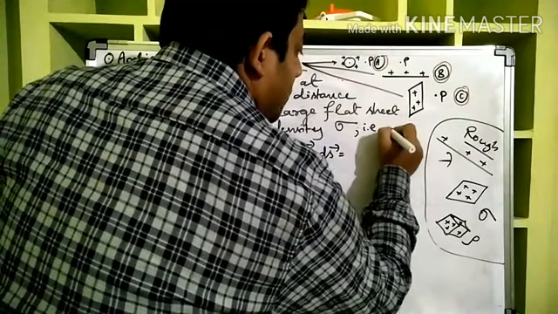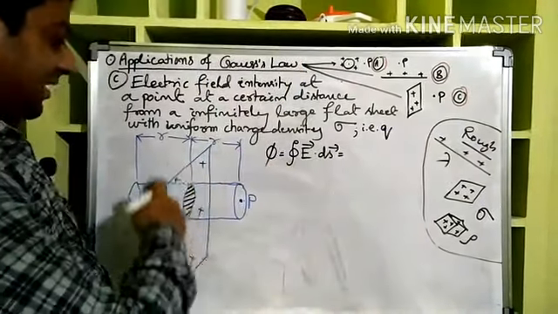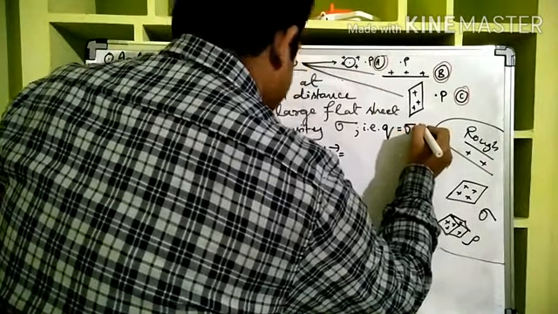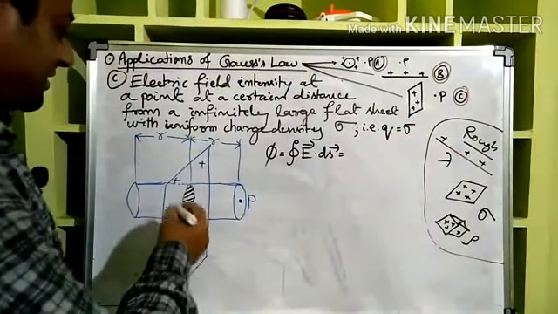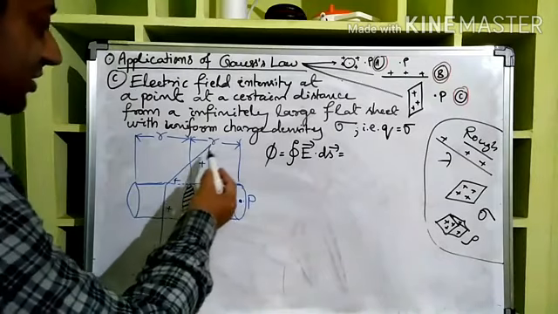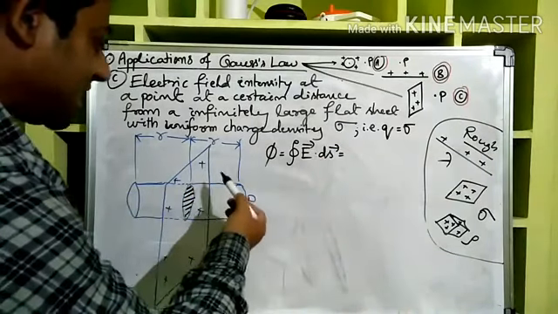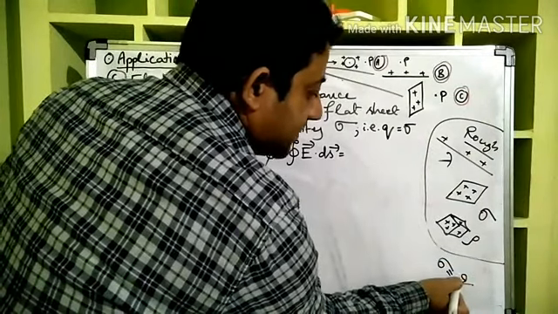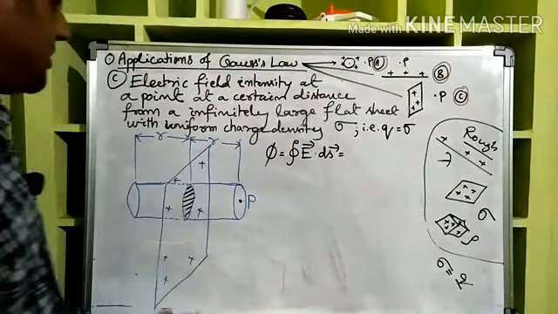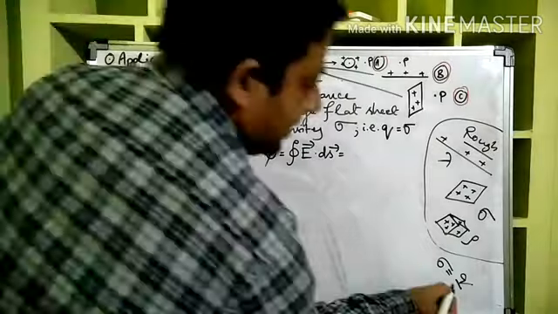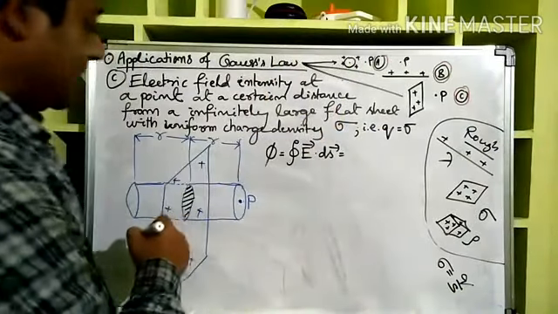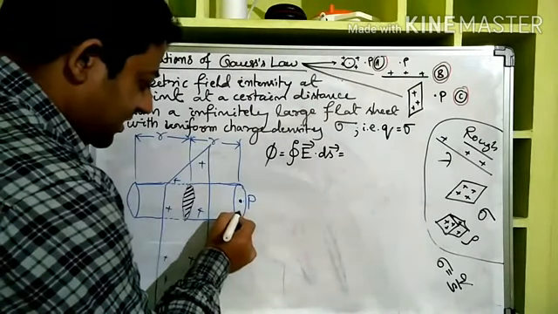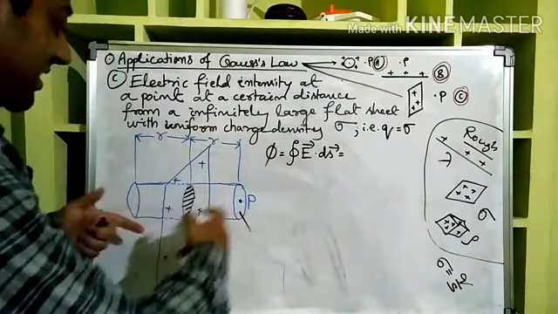And how much is the charge? The total charge contained in that closed surface is equal to sigma multiplied by S. Sigma means charge per unit area, sigma is equal to charge per S, yes or no? Now let us say this S is one assumption. How many surfaces are there of the cylinder?